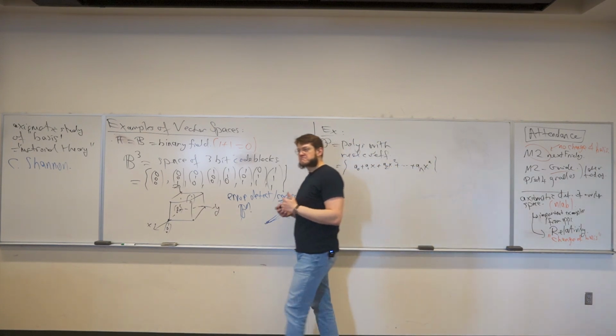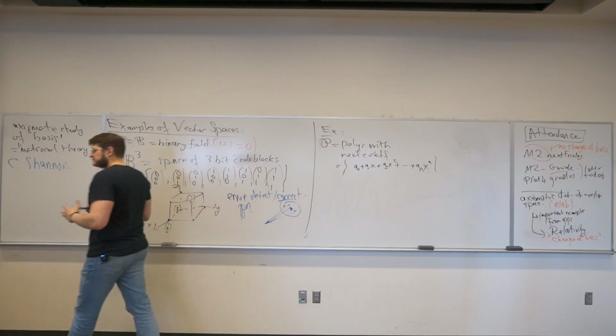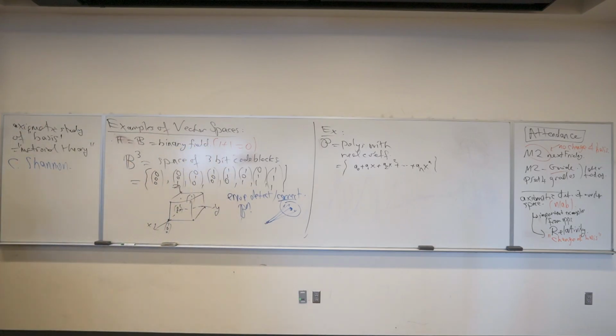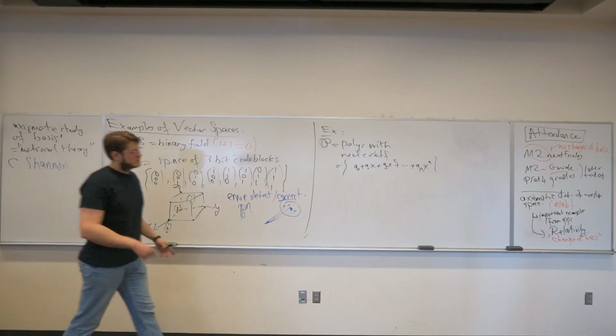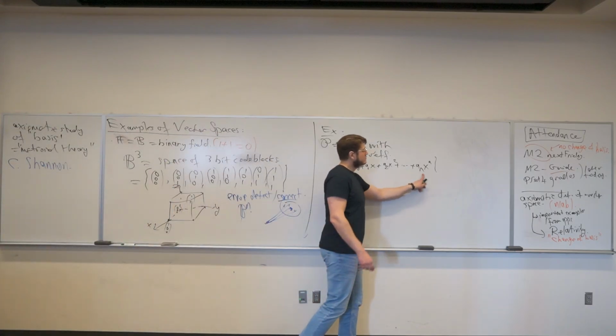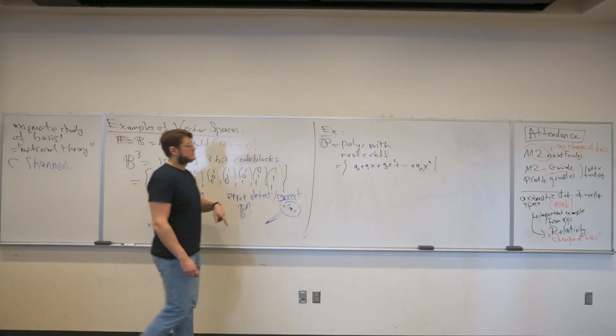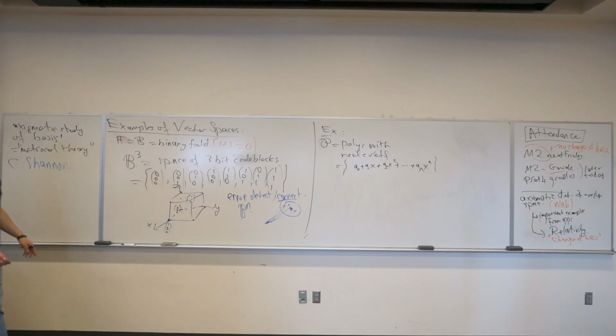Okay. This is also a vector space. Here, n is not fixed, so it could be of arbitrary degree. And the coefficients a0 to an are also not fixed. Okay?